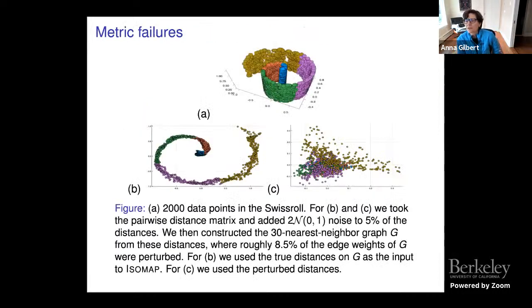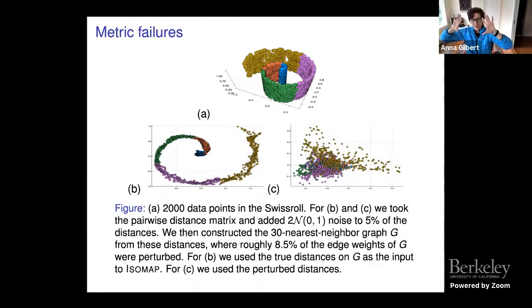Okay, so the first example that I'm going to show you is an example to get you thinking that, yes, this actually could cause all kinds of problems. So, suppose I take the Swiss roll data set, it's ostensibly a manifold, right? It's all rolled inside one another. And let's say I've got 2,000 data points, and I use those data points to compute distances amongst all of them.